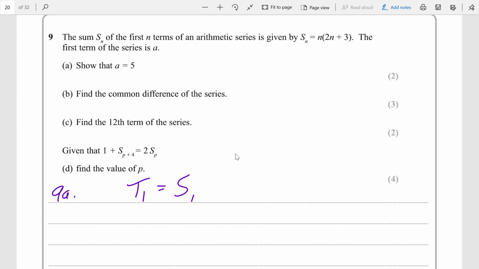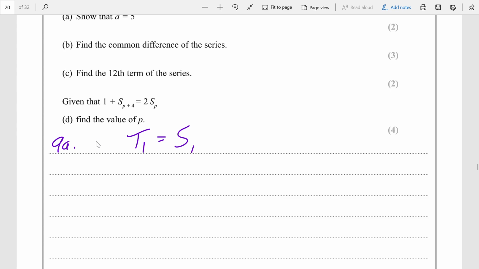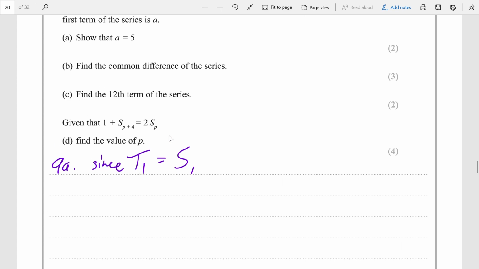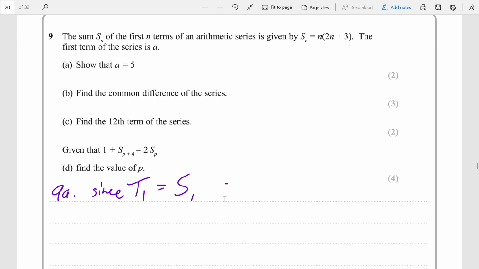It's just the first term by itself. So if you evaluate the sum of the first one terms, you get the first term, because there's nothing else added to it. Okay, so since the first term is equal to the sum of up to 1 terms, that means that the first term is equal to 1 times (2n, where n is 1, plus 3), which is equal to 2 plus 3, which is equal to 5.